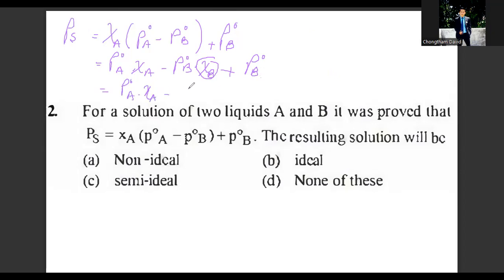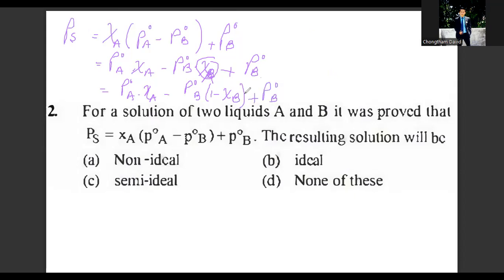So when you calculate mole fraction, if it is greater than 1, you know the answer would be wrong, right? Mole fraction should always be less than 1. So to find XB, you need to subtract from 1. I think I have written XB here, it should be XA. So this becomes XB plus P naught B.